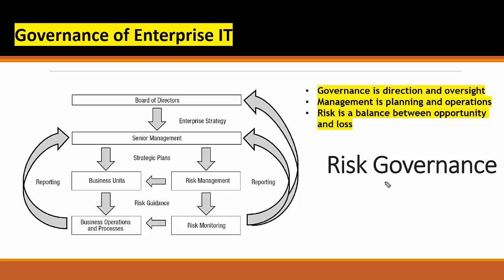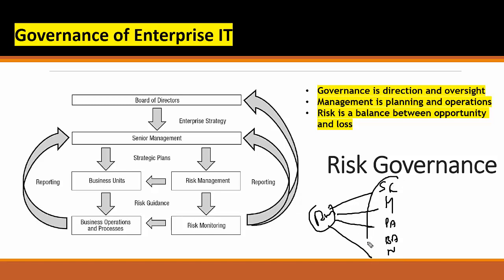That's why you can see supply chain, hiring, project acquisition, business acquisition, and new initiatives. In all of them risk management is already integrated, so that proactively we can identify the risks in all departments and provide an independent report to the board, directors, or senior management.